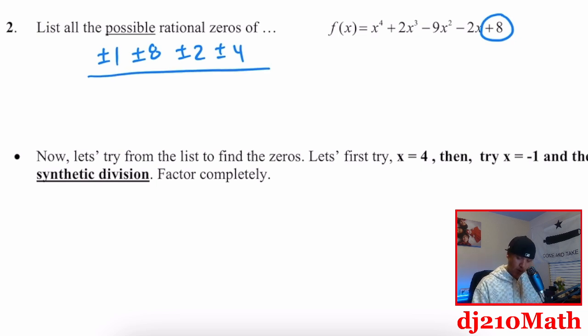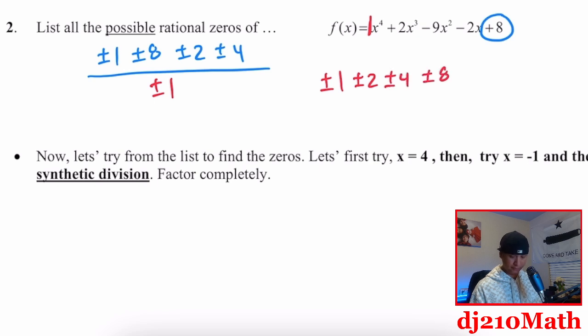And then over the leading coefficient, which is 1, right? x to the 4th, that's the largest one. So plus or minus 1. 1 times 1 is 1, right? -1 times -1 is still positive 1. So this list is actually the same as the last list. So plus or minus 1, plus or minus 2, plus or minus 4, plus or minus 8. Right? Every combination of top over the bottom.